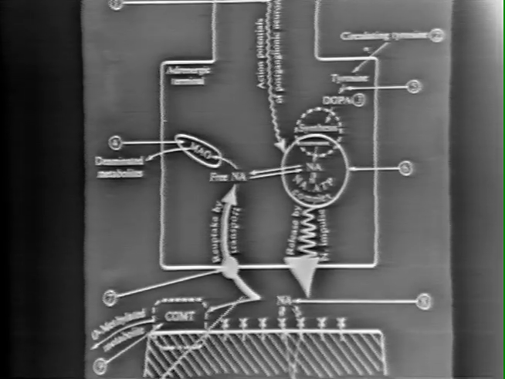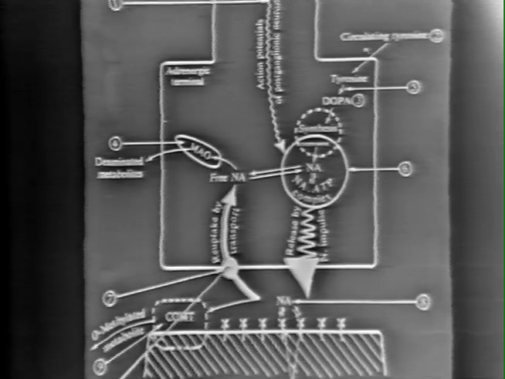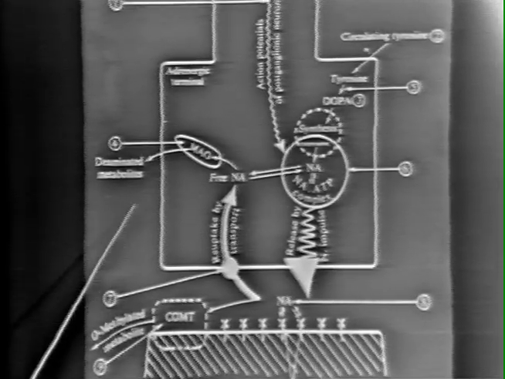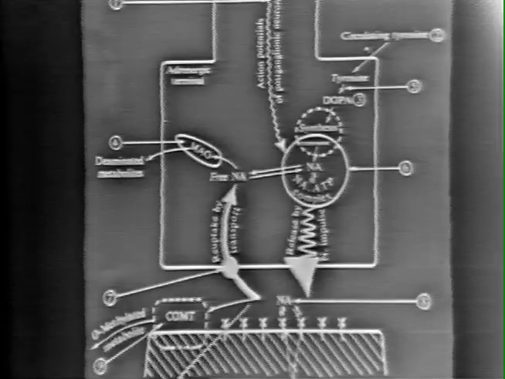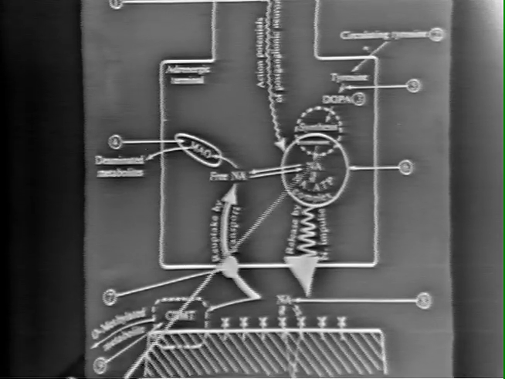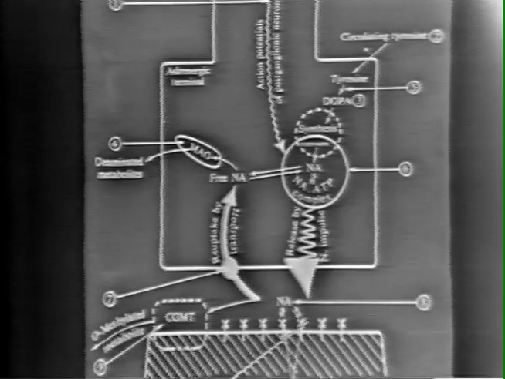The basic difference, though, is that isoproterenol is not taken up into the tissue. Isoproterenol does not have the affinity for the uptake process. Tyramine, on the other hand, acts indirectly. Tyramine is taken up into the tissue, displaces the catecholamine in the storage sites, which is then released and acts in a normal fashion.